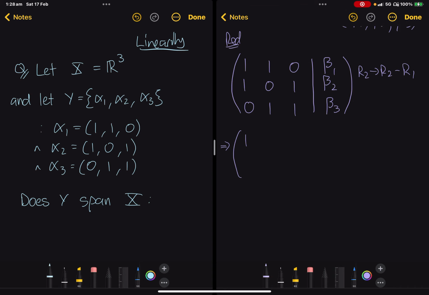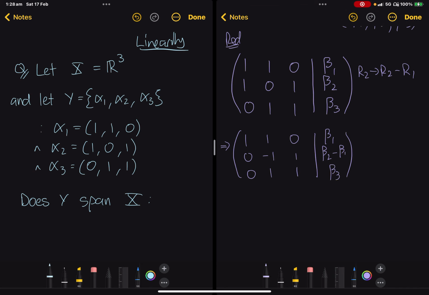Our new matrix is 1, 1, 0, beta 1. We are subtracting row 1 from row 2. So 1 minus 1 is 0, 0 minus 1 is minus 1, 1 minus 0 is 1, and beta 2 minus beta 1 is beta 2 minus beta 1. And then the end row is 0, 1, 1, beta 3.